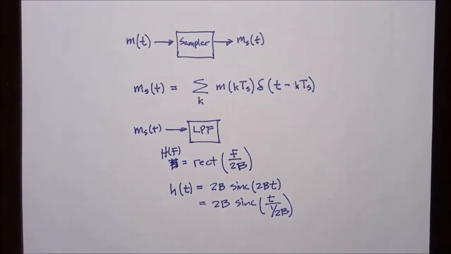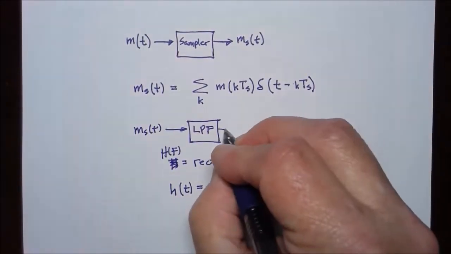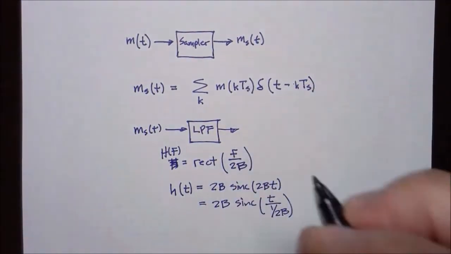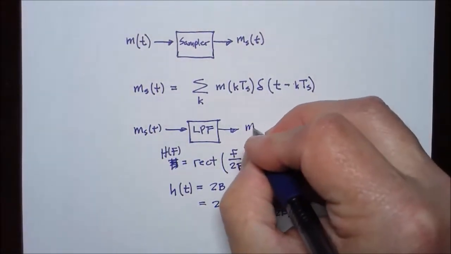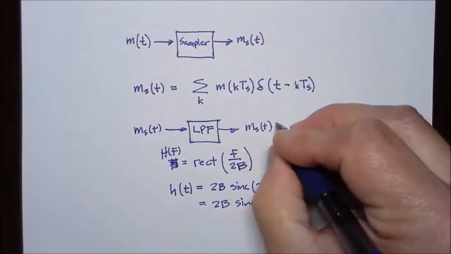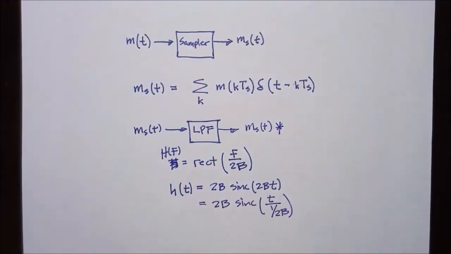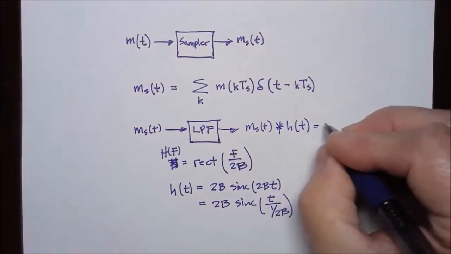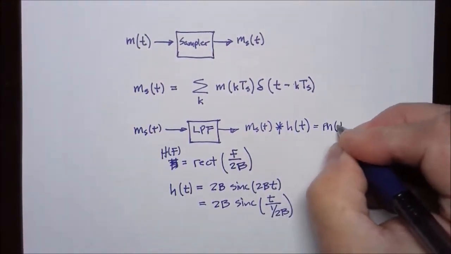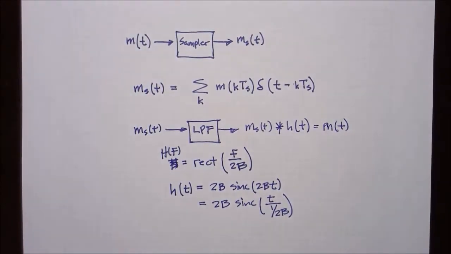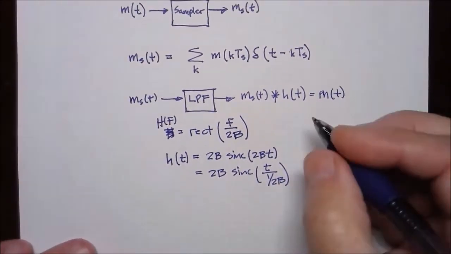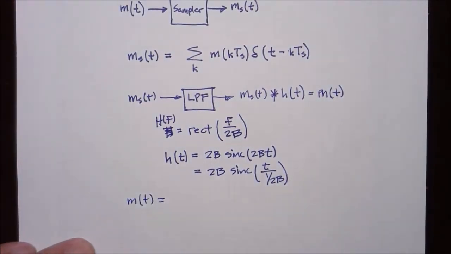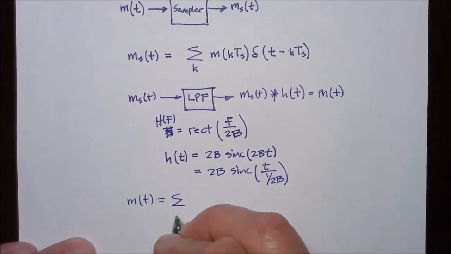And the signal that comes out of the low-pass filter is the signal that goes into the low-pass filter, m sub s of t, convolved with this impulse response, and this reconstructs the message signal m of t. When we carry out this convolution, we get m of t equal to a summation over k.